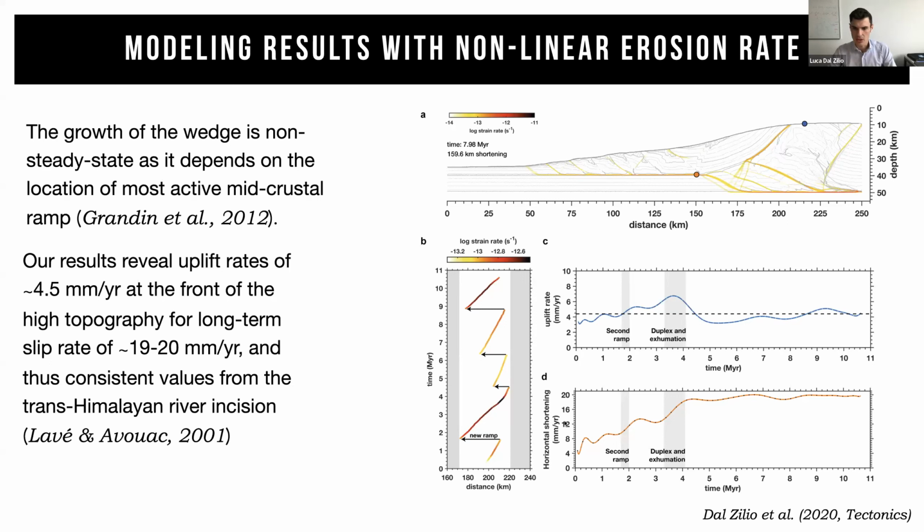Similarly, the horizontal displacement is initially lower, and it tends to increase over time, especially when we create a second ramp and the duplex. Then we reach a more constant value of 18 to 20 millimeters, which seems to be more consistent with the present-day value that we can see from geological and geodetic data.